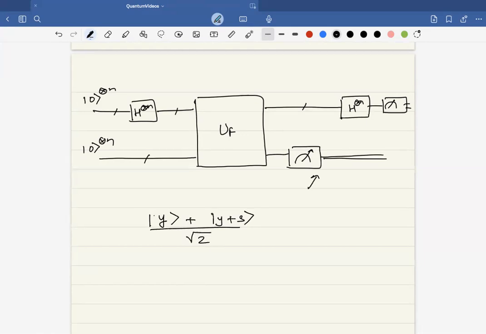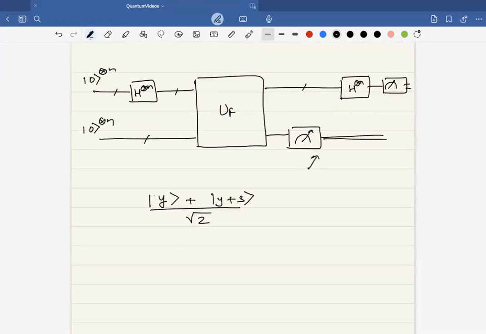And in the case of the generalized Simon's algorithm, what we'll get at the end of the first measurement, instead of this vector, is the following one: 1 over square root of 2 power m, summation of y plus s_i, where s_i belongs to S. So we'll get this vector, which we'll call y plus S.